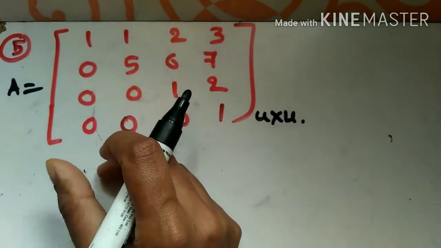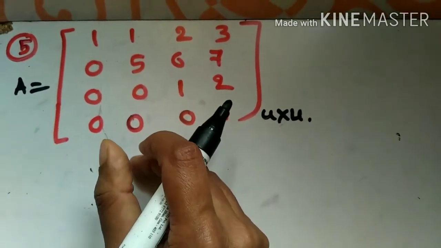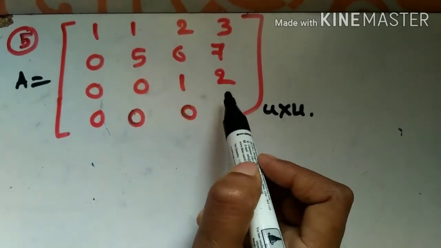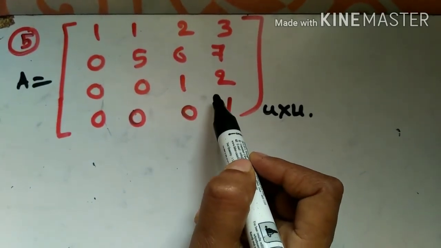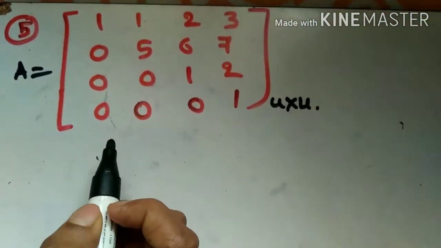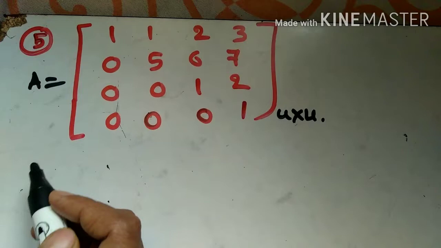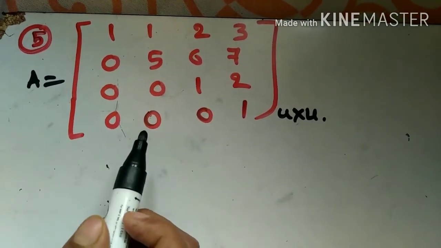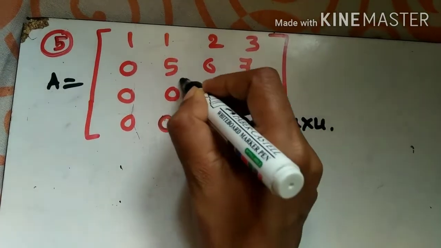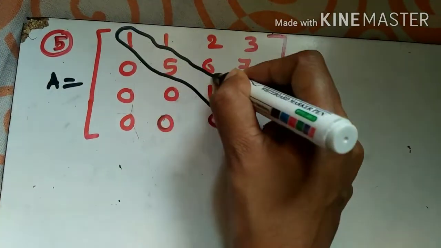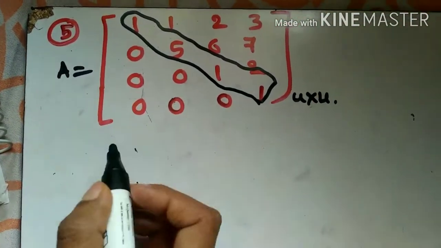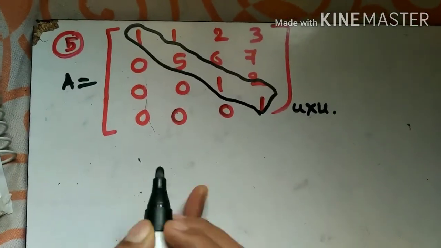But if you observe this matrix, which matrix is this? This is your upper triangular matrix. Yes or no? Yes, of course. I already told you in the notes, if the given matrix is upper triangular or lower triangular or diagonal matrix, the eigen values are nothing but the diagonal elements. So these all are principal diagonal elements, so these all are the eigen values.